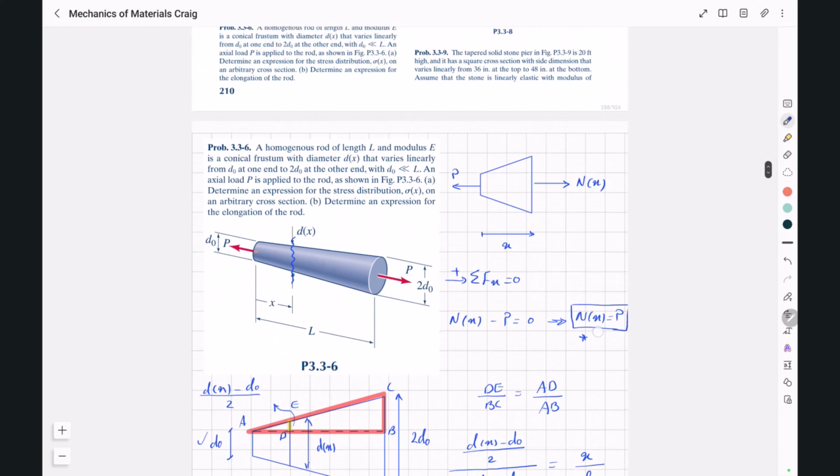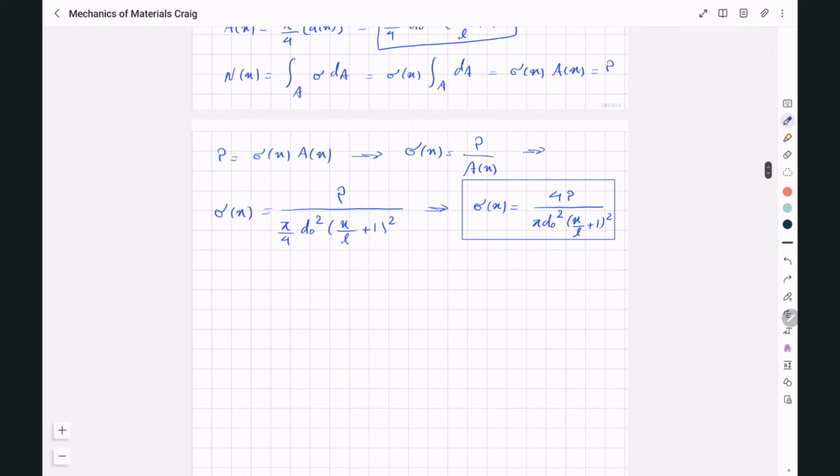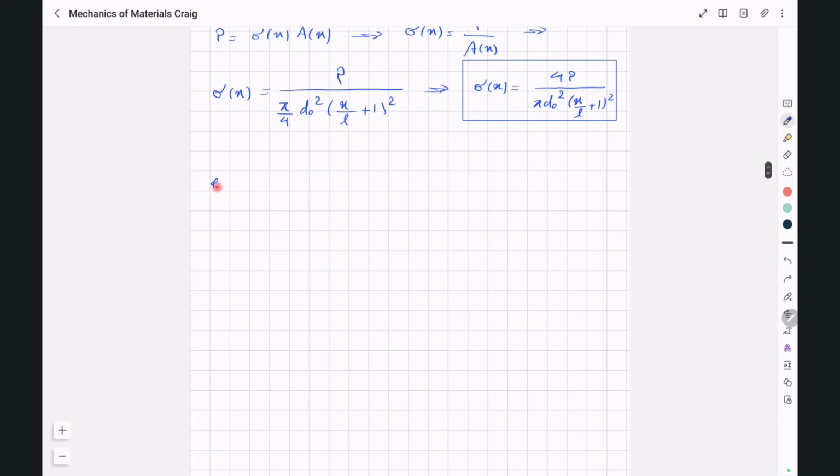And in part B of the question, we have to determine an expression for the elongation of the rod. We know the elongation of the rod can be determined by taking an integral of the force at each cross-section multiplied by dx divided by AE.